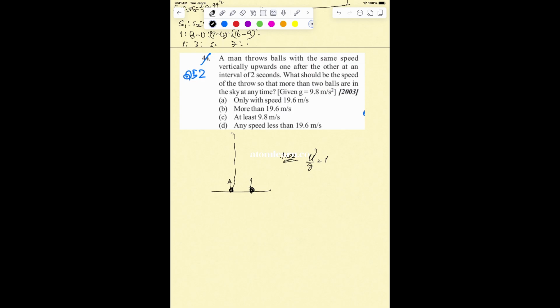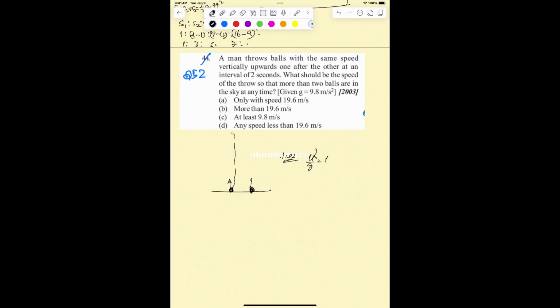That should be at least 9.8. Therefore, the time of travel should be at least 1 second.